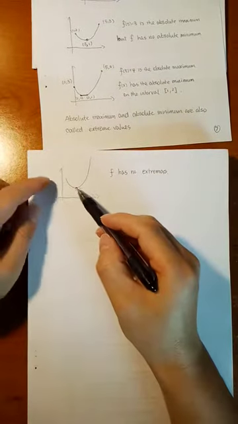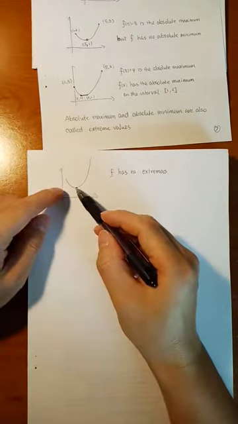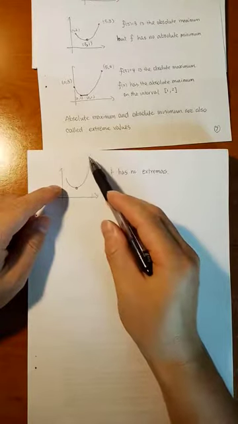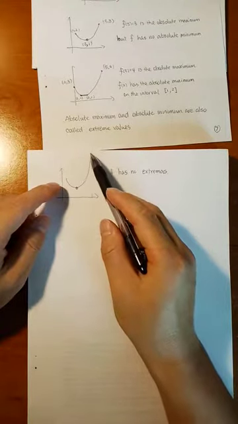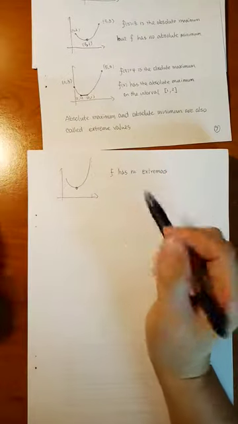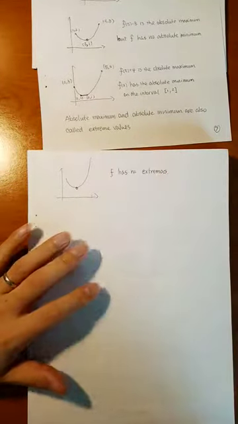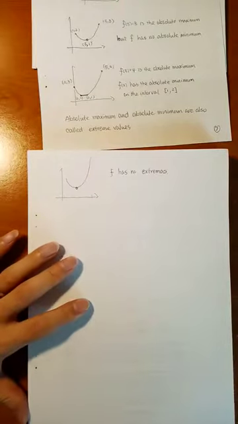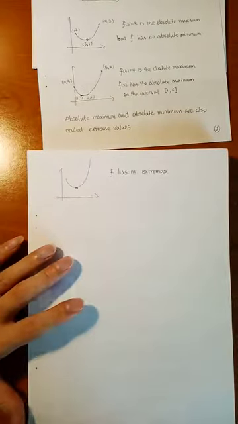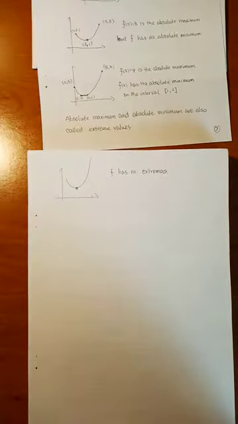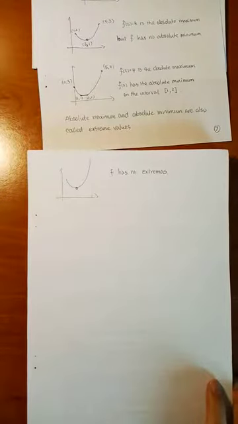It has no absolute minimum because the minimum value is missing. It has no absolute maximum because it goes to infinity. There's no maximum value. Okay? No extreme values. No extrema. So if there's no extrema, of course we don't study how to find it, because you're looking for nothing.